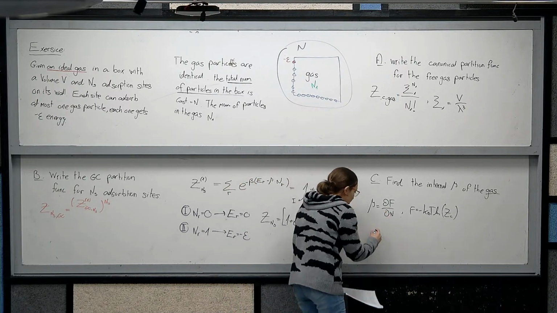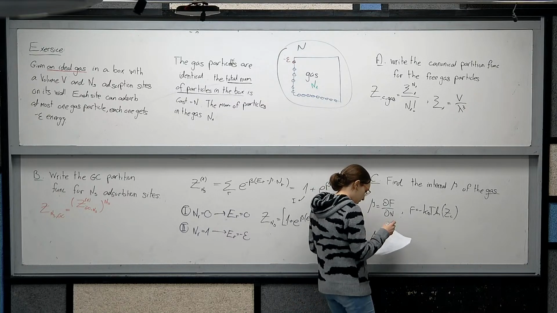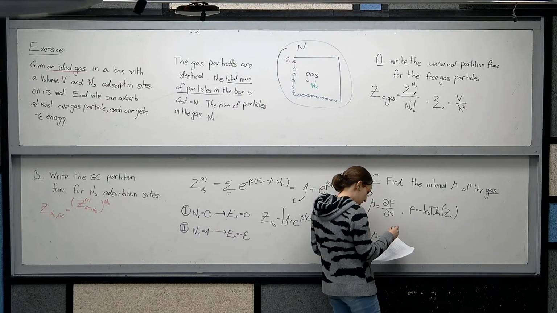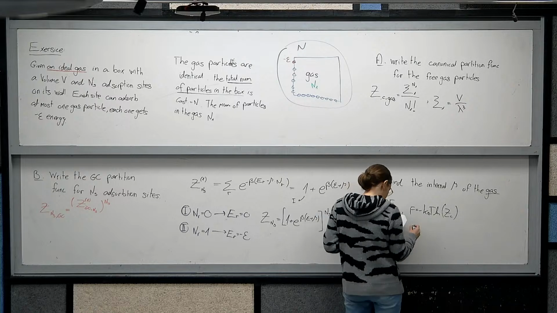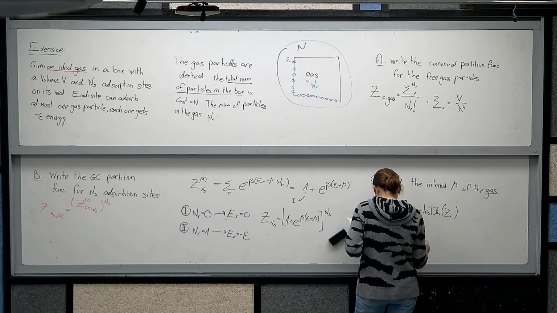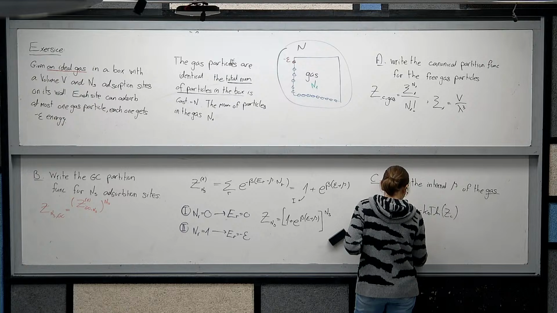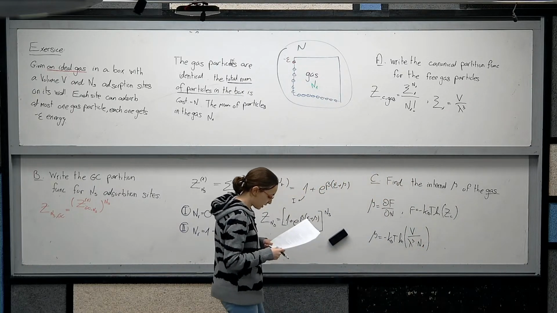So we can do this algebra and get that this chemical potential equals minus kBT ln of V divided by lambda to the third times N1. And N1 is the number of particles in the gas.